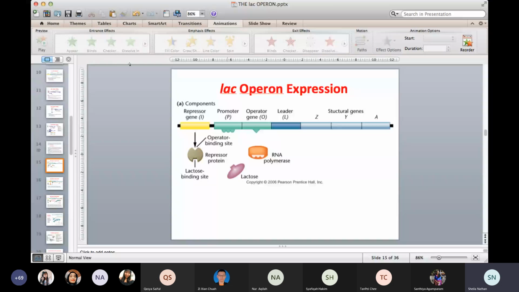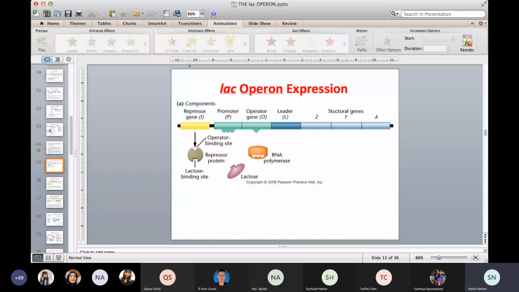Leaky means it is not 100% shut off, even though the repressor molecule is binding to the operator. Maybe about 2% is still switched on, and that 2% is enough to produce a tiny amount of permease enzyme.